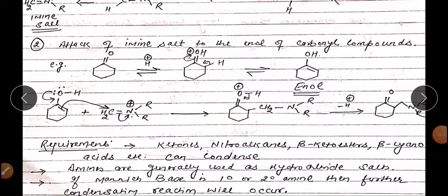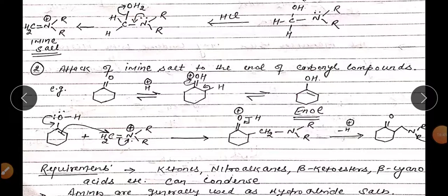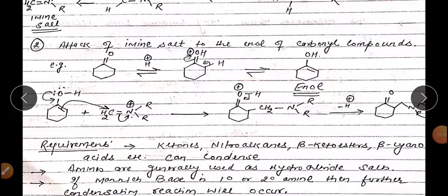So the chances of further condensation are very high. These are the essential requirements and important points about the Mannich reaction. That's all about today's class, and all about aldehydes and ketones.